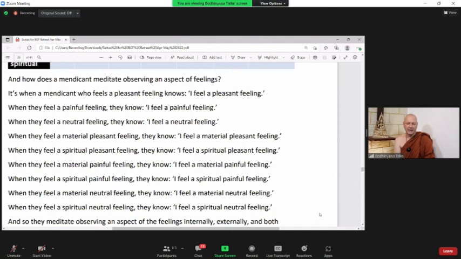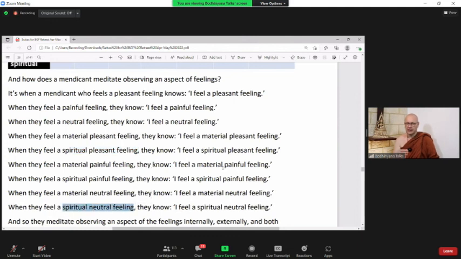So what does that mean? When you see this list of nine feelings here, there are two kinds of feelings that are really important. One is the spiritual pleasant feeling, because this is what we experience when we experience joy, happiness, and peace in our meditation. The other feeling that is important, but is much more profound, is the one down here, the spiritual neutral feeling.